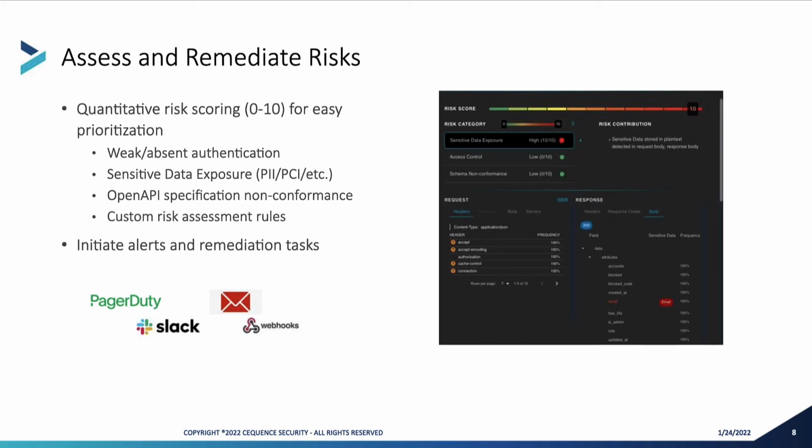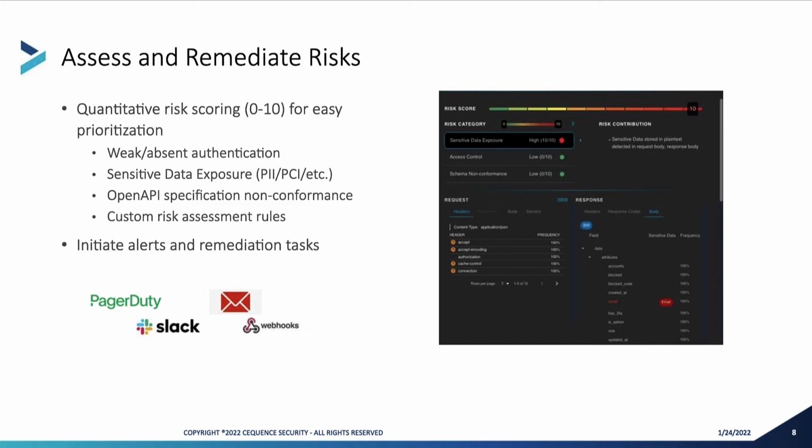It's going to look for sensitive data patterns within the API communications. And it's going to also look, like I said, at Open API specification conformance. And it will also allow you to create your own risk assessment rules.